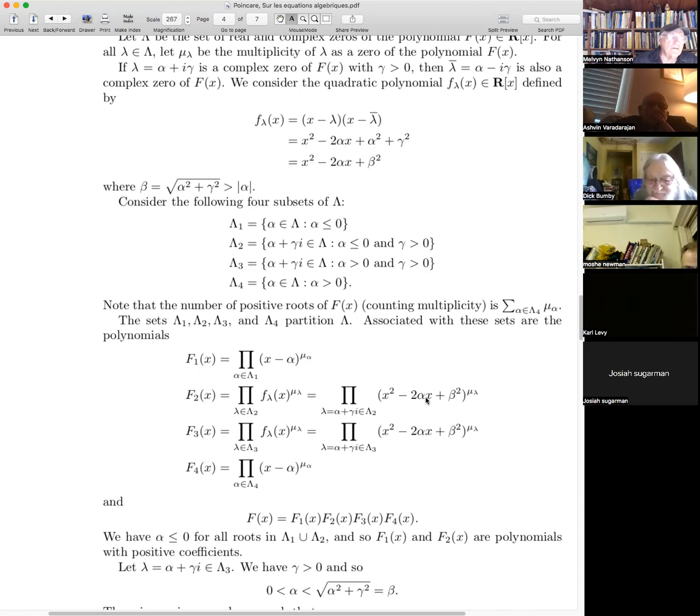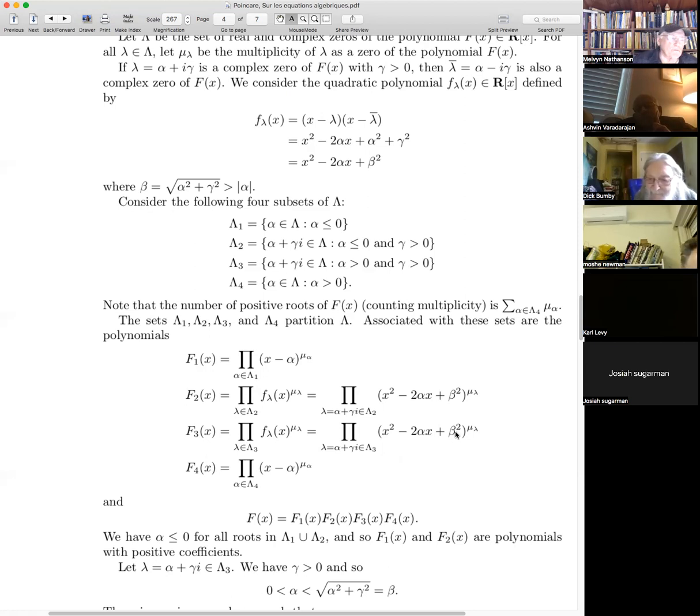Similarly, if alpha is less than or equal to 0, for this polynomial F2, all of the coefficients are positive. So F1 and F2 are polynomials with positive coefficients. But F3 is different. In F3, alpha is strictly positive, so minus 2 alpha is negative. This polynomial in the parentheses has negative coefficients.